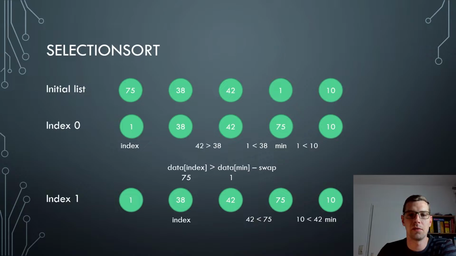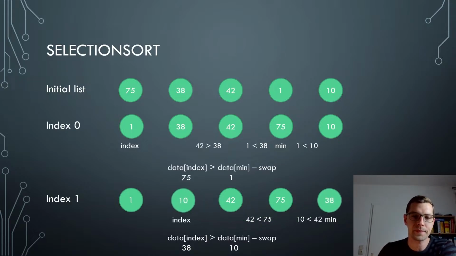Now we compare the item at position index, which is here 38, with the item at the minimum, which is 10. 10 is smaller, so we have to swap here. And as you can see, the two elements are now swapped in our data array.